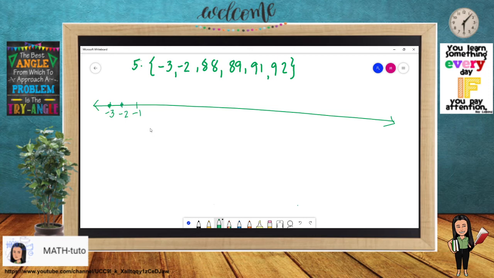After negative 2, the next number that we need is 88. So, let us now break the line. We can make use of this symbol, and then arrow, to denote that we will not write some part of the line. We will break this line.